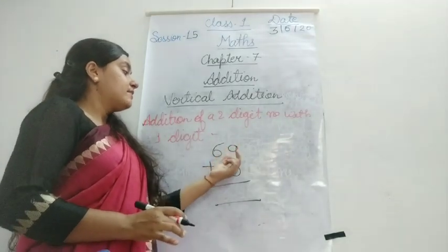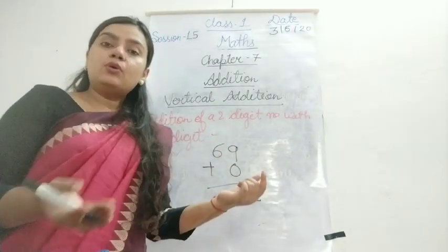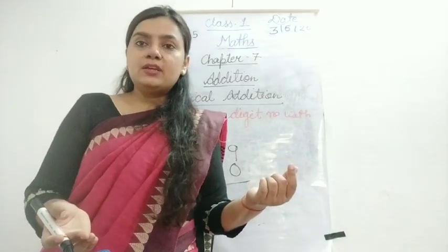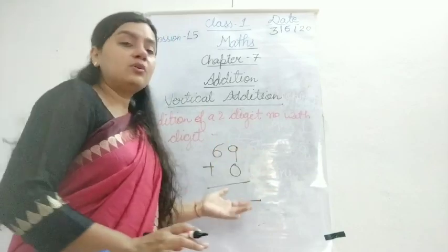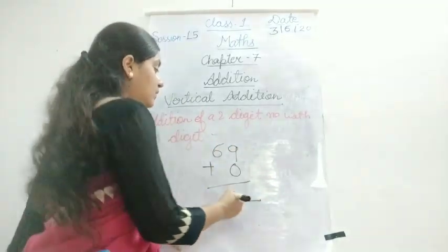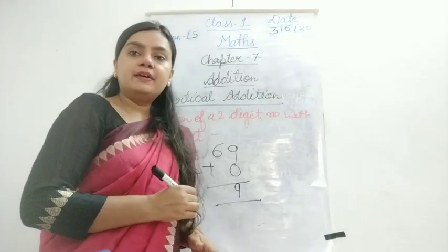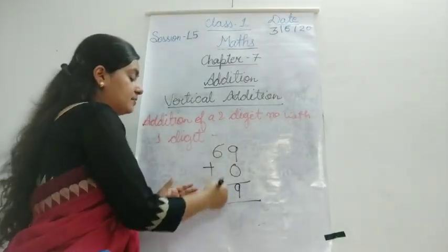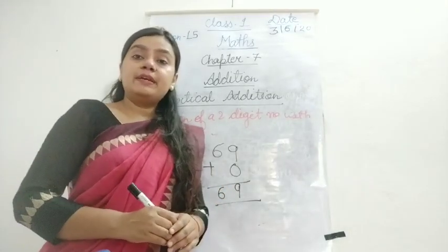As you can see, we add 9 with 0. Adding 0 means you are adding nothing. So what answer will be here? 9. And after 6 nothing is there, so it will be 6.